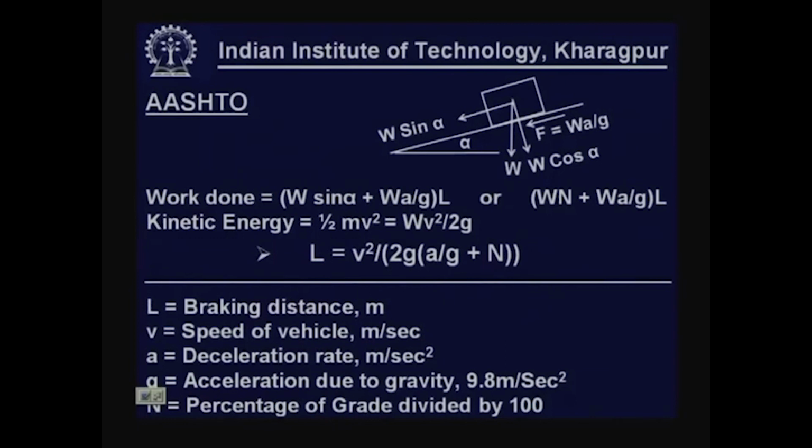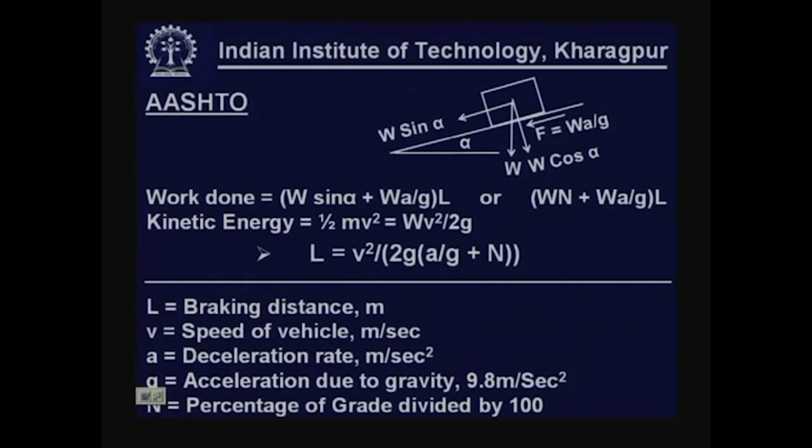This is the force multiplied by L, the length, and kinetic energy is as usual half of W by G V square. So, if we equate these two, we can find out L as L equal to V square by 2 G into A by G plus N as shown here.